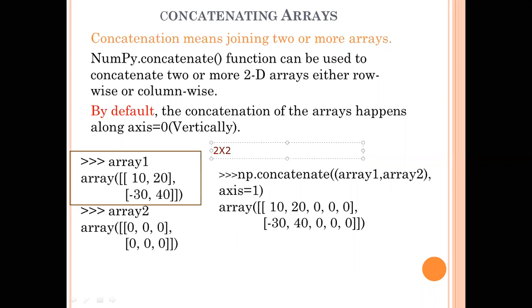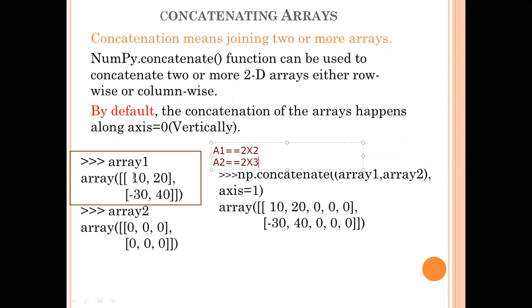It means 2 rows and 2 columns. Then array 2 is 2 cross 3.